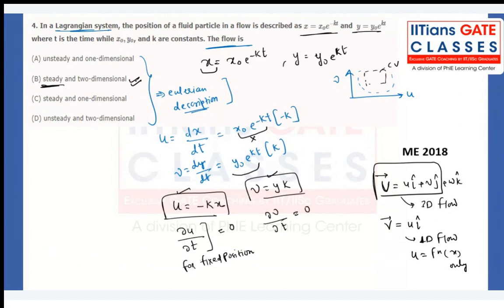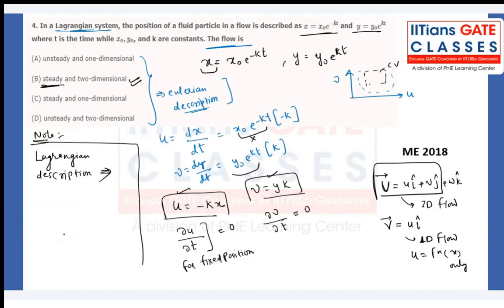So here you can just note down important points regarding descriptions. The Lagrangian description has been given as x is equal to a function of x naught, y naught, z naught, t.